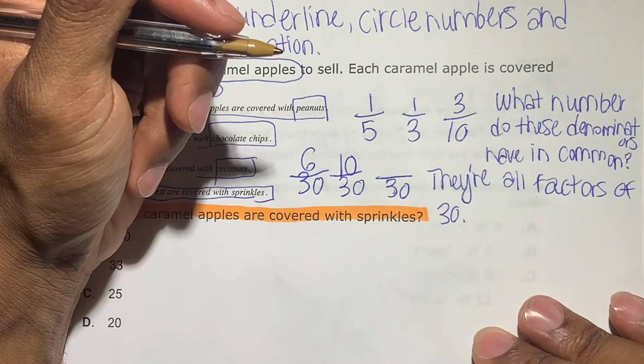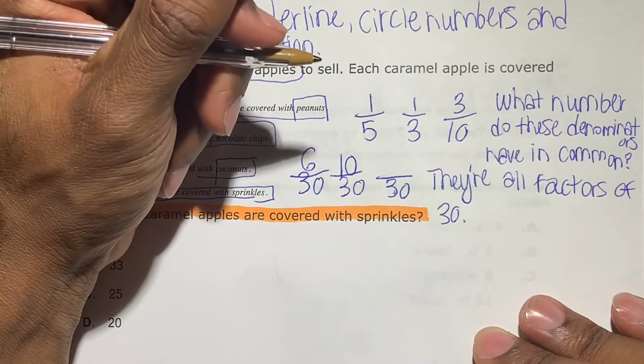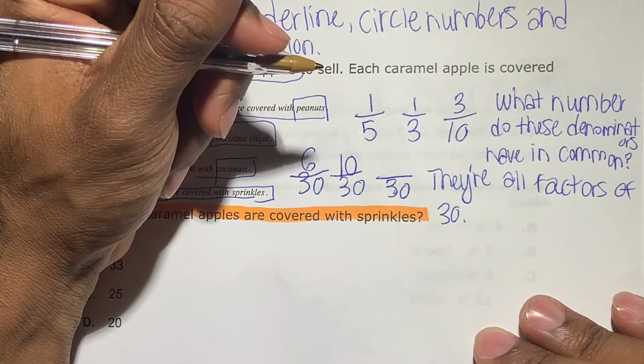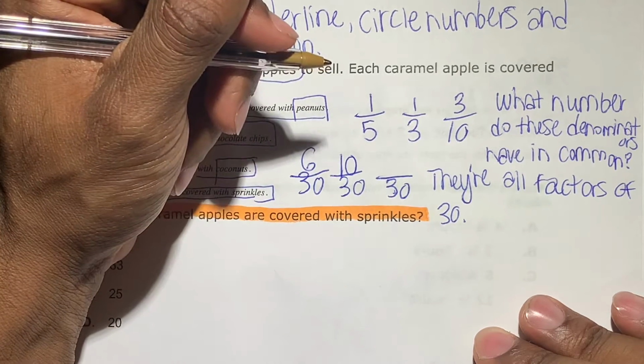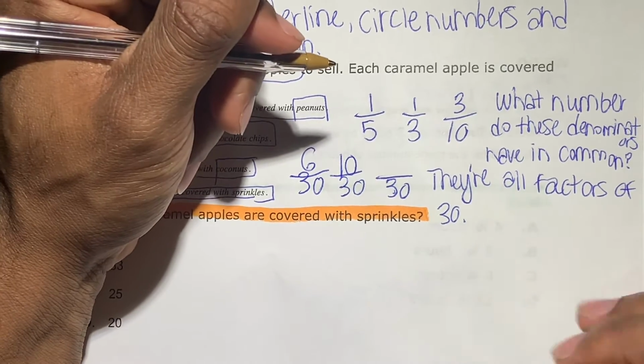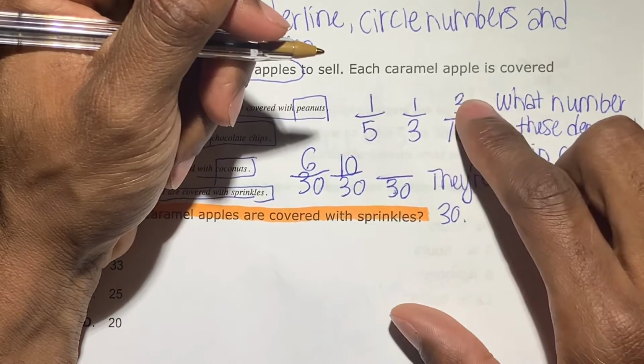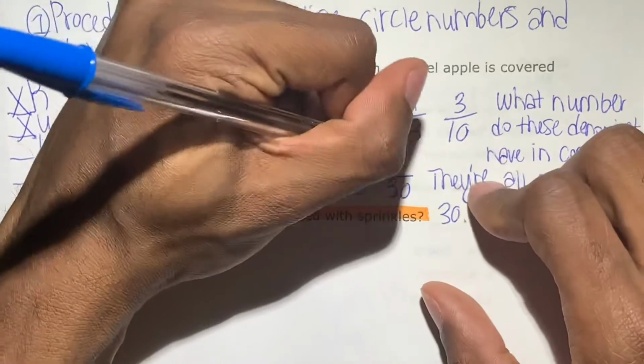Okay. Let's see. So times 6. 10 divided by 30 divided by 3. Okay, so 30 divided by 10 is going to be 3, but 3 times 3 is going to be 9.